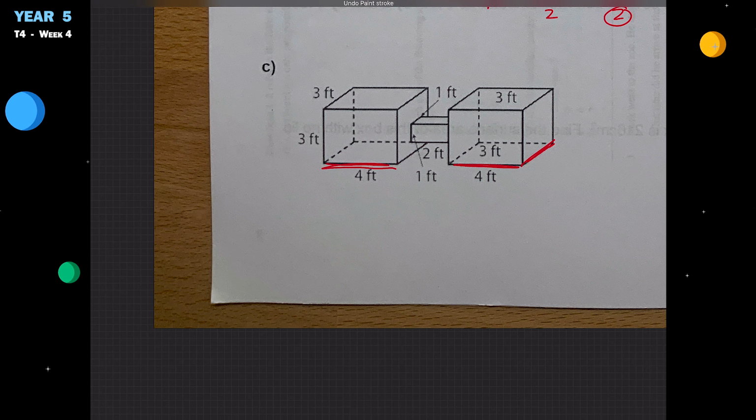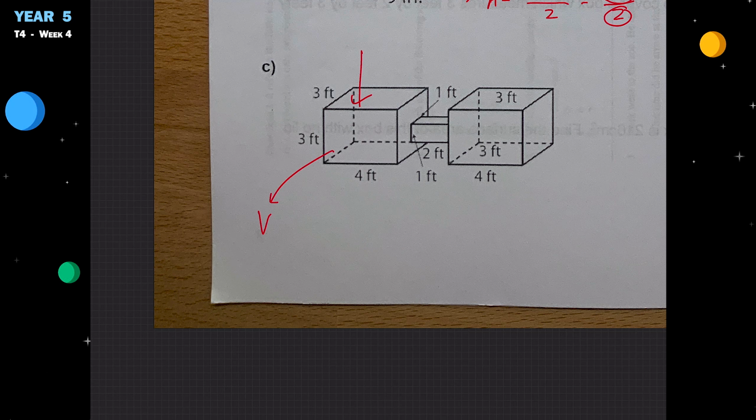So let's find the volume of this first piece. It'll be 4 times 3 times 3. 4 times 3 is 12. 12 times 3 is 36. That's the volume of that piece.